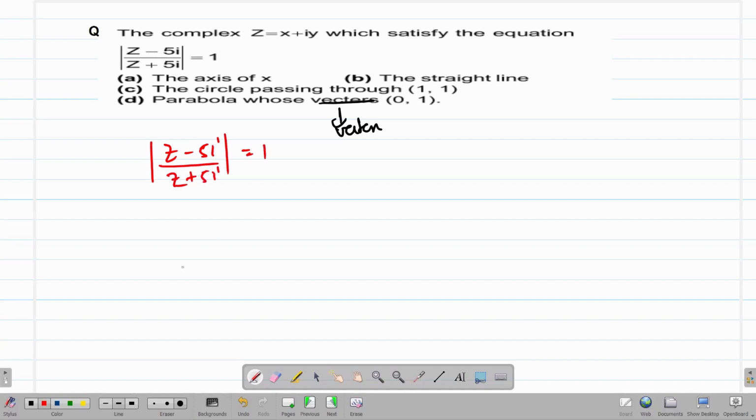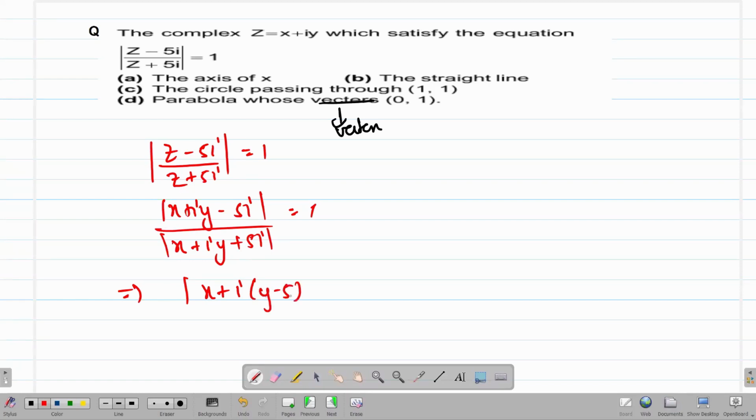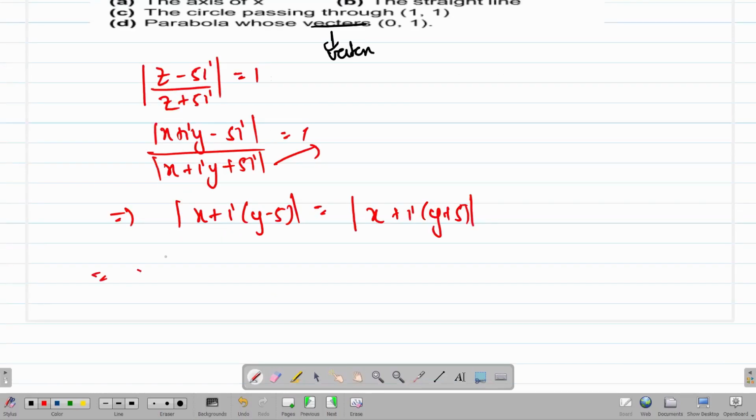So what we do, we just replace z by x plus iota y and break this mod. On further solving, I separate the real and imaginary parts, and after separating I get this. And since we know that modulus is the square root of the square of the real part plus the square of the imaginary part, same here.